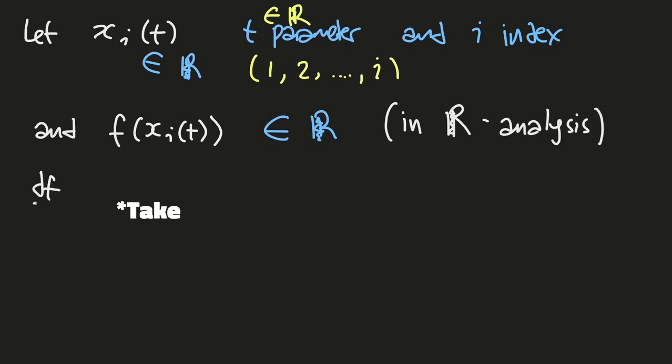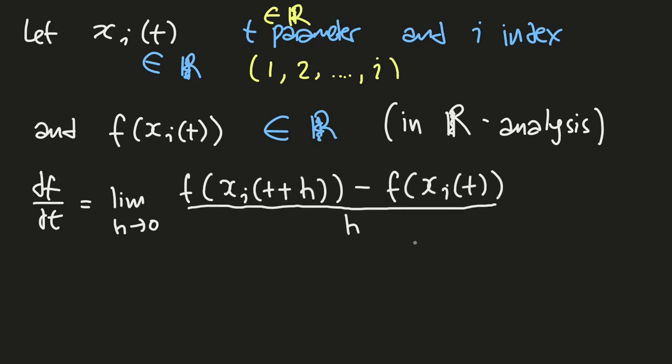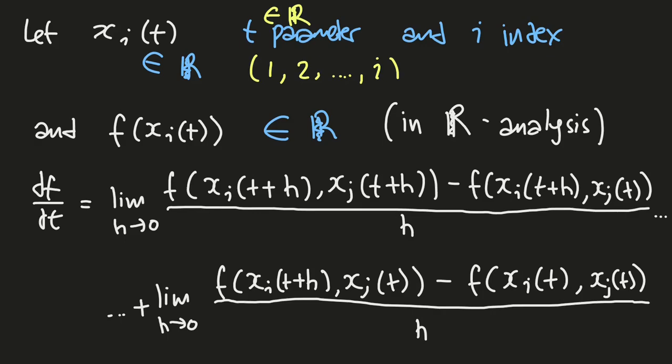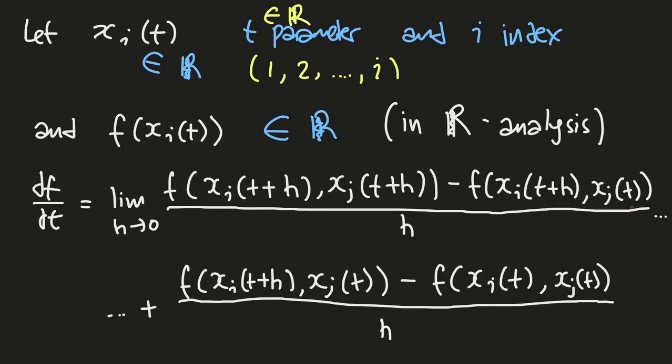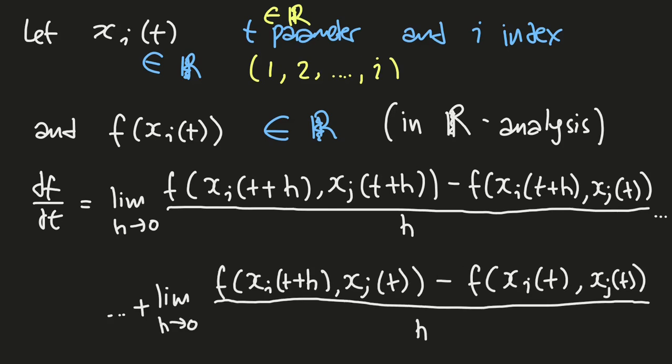And then we take the first derivative of f with respect to t. By the definition of the derivative for one variable, it will lead us to this result. Next, from this result, we take one variable of x_i, let's say x_g, so then we get this result. By this form of limit in the first term, we know that the x_i which is not g is excluded.